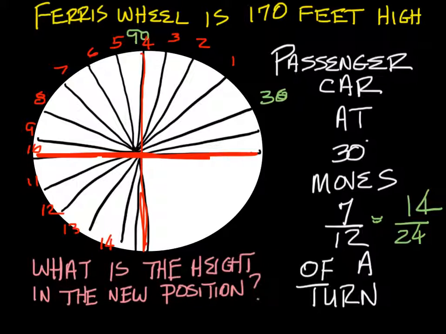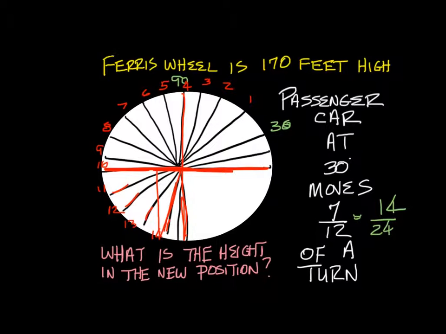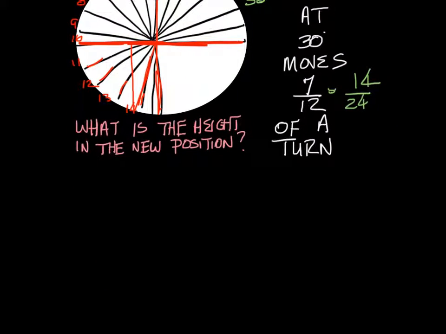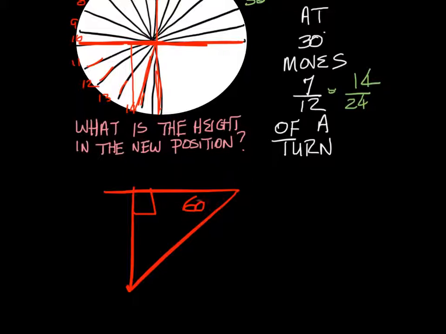Okay, so if each one is 15 degrees, then I'm going 15, 30, 45, and then 60. And we could draw a triangle there to find the new height. So I'm going to replicate what we just did there down here. That's a 60-degree reference angle.